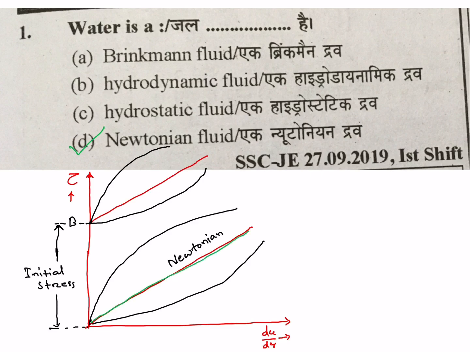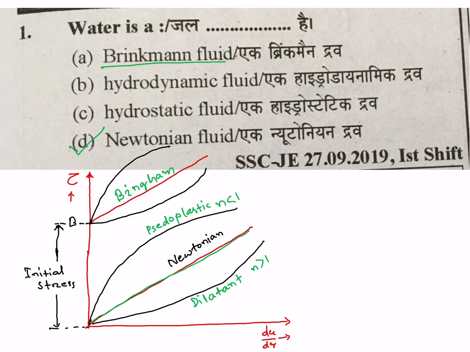Then pseudoplastic. This one also important. In pseudoplastic, n is less than 1. And dilatant, n is greater than 1. Bingham fluid, this one Bingham fluid.